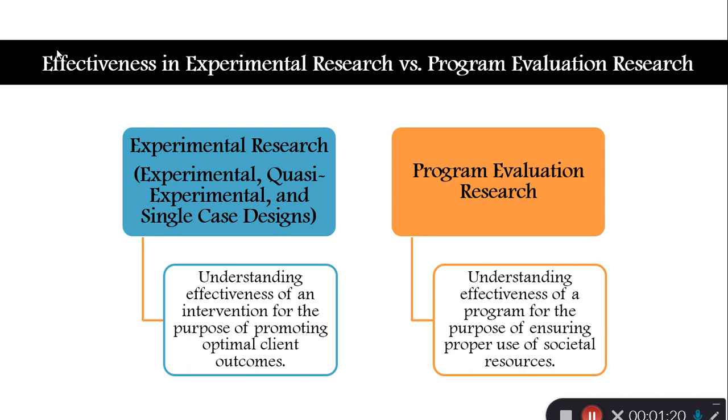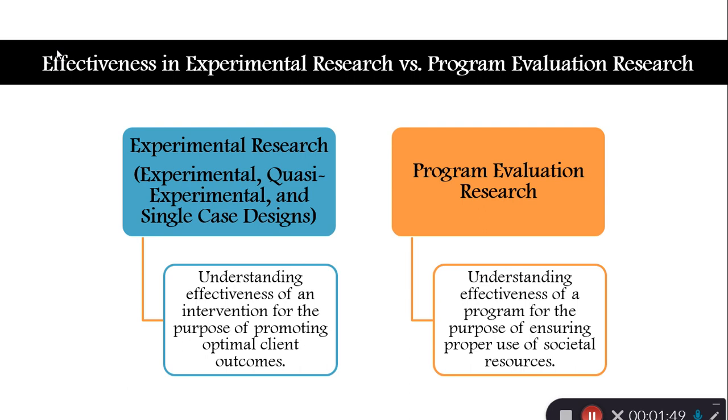I also thought it was appropriate to discuss this idea of effectiveness in experimental research versus program evaluation research. When it comes to experimental research, specifically experimental, quasi-experimental, or single case designs, this whole idea of effectiveness gets at the extent to which an intervention program is effective, and we want to understand this for the purposes of promoting optimal client outcomes.